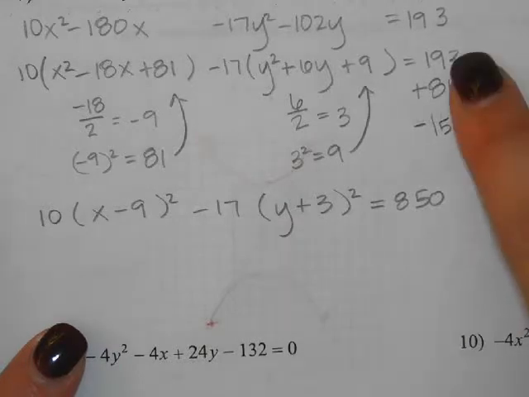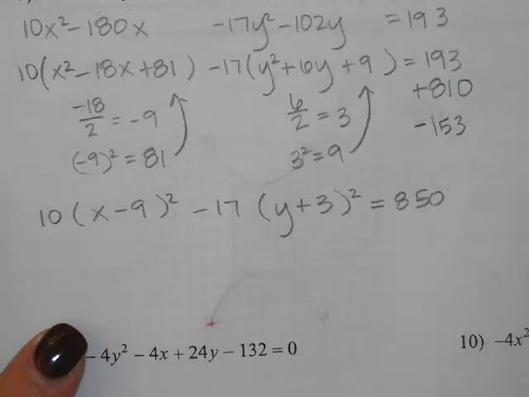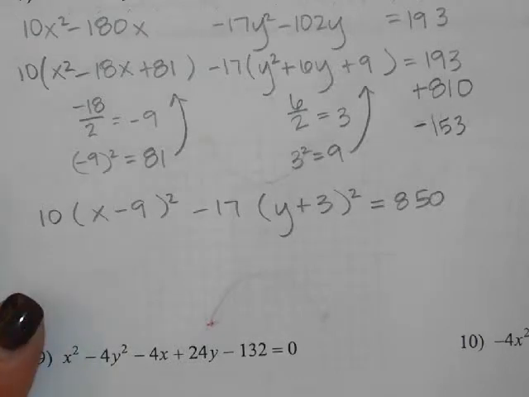Well, there's a 3 and a 3. 850? Okay. And our hyperbola is supposed to equal 850.